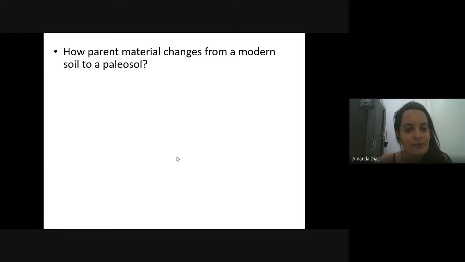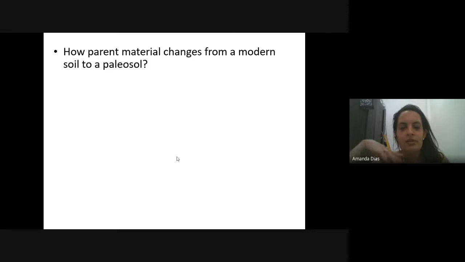I don't speak Portuguese, or English, but I think it is the composition of the parent material, because we have a material that weathers more easily, and we have parent material that is more difficult.